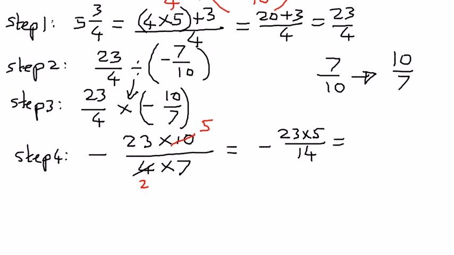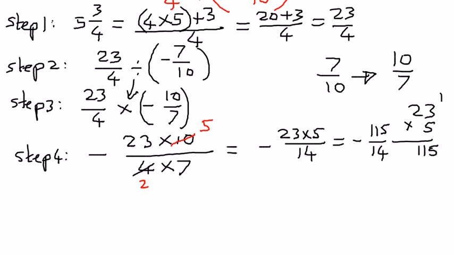So 23 times 5 is, we can do it this way too. Do the long division. 23 times 5. 5 times 3 is 15. 5 times 2 is 10, plus 1 is 11. So we have 115 divided by 14.